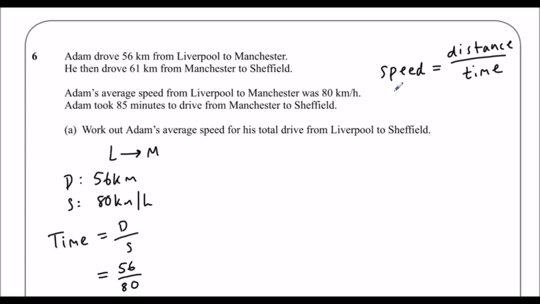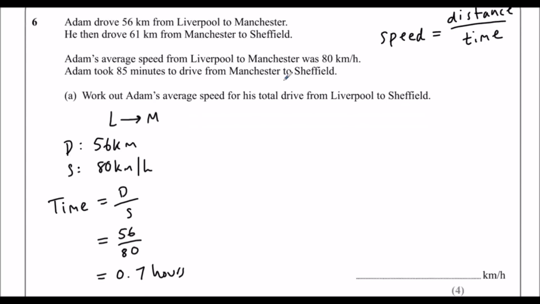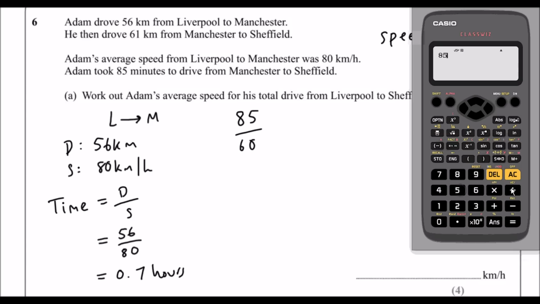So do we know all the information now? So the total distance we can add together. The total time we can add together, but we've got Manchester to Sheffield in minutes. So to change from minutes to hours, we can divide by 60. 85 over 60 is 1.416 recurring.